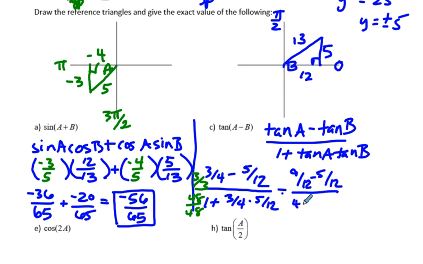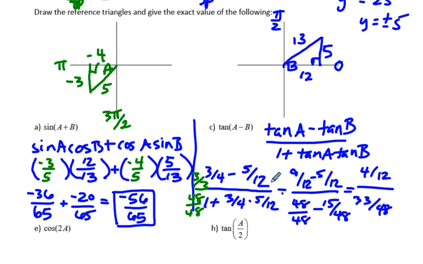So I have 48/48 minus 15/48. So on top I get 4/12, and on the bottom I get 33/48. And I'm not going to bother simplifying yet because I think that I have more work to do with these fractions.